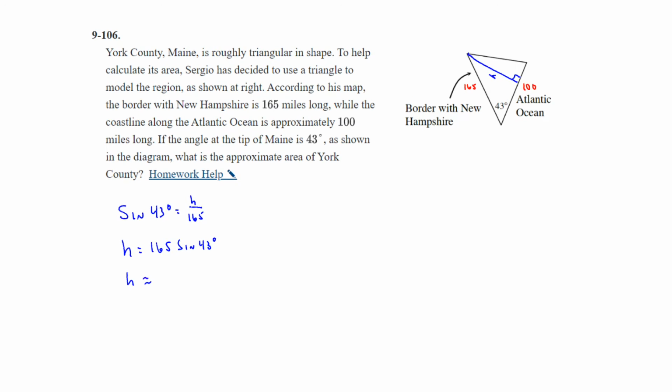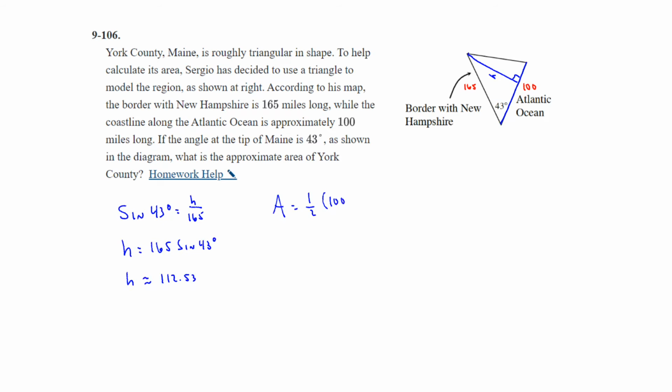So that will be approximately 112.53 miles. And then therefore we can find the area, because now we have the height. So we'll do 1/2 times the base, no, that's right, 1/2 base times height. So that's 1/2 times, sorry, I got confused with myself.